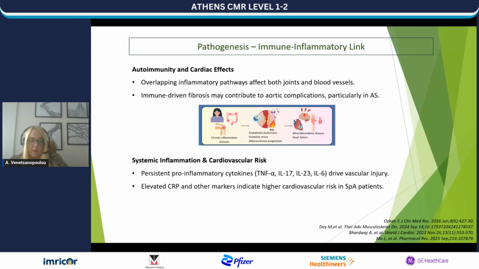Moving to pathogenesis, we now understand that joint and cardiovascular inflammation share some overlapping pathways. We know that in ankylosing spondylitis, immune-mediated fibrosis explains why the aortic root and conduction system are so frequently affected. Studies have shown that pro-inflammatory cytokines like TNF-alpha, IL-17, IL-23, and IL-6 not only drive synovitis, but also endothelial injury, vascular stiffness, and plaque instability.